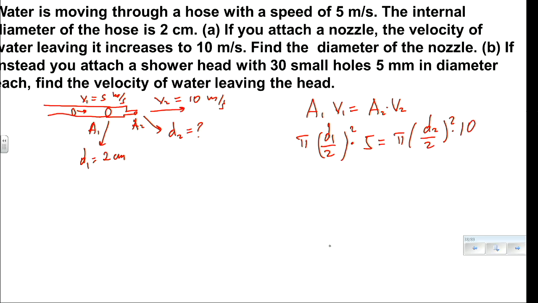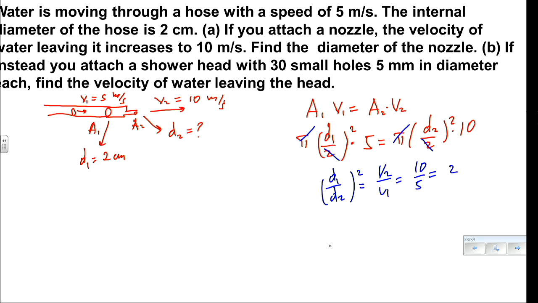I like writing this way because I can cross pi's, I can cross 2's, and what I see actually is that d1 over d2 squared will be equal to v2 over v1, or 10 over 5, or 2.